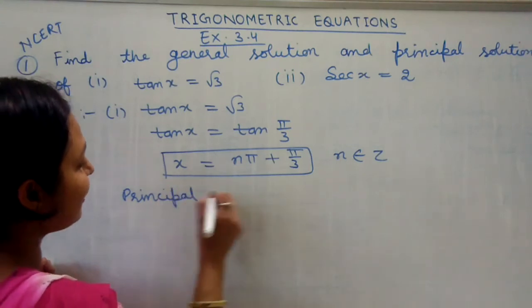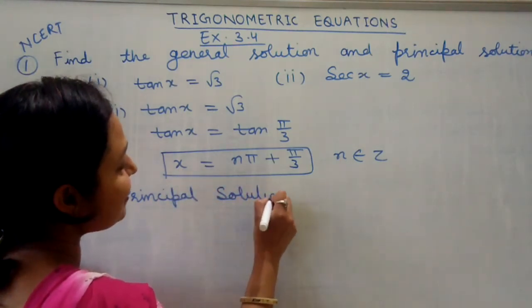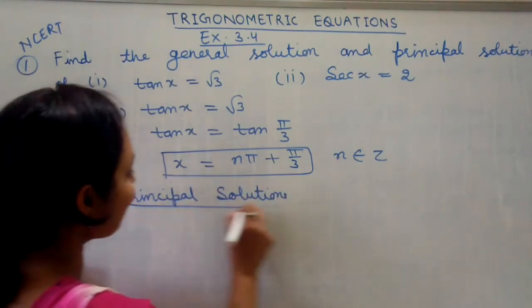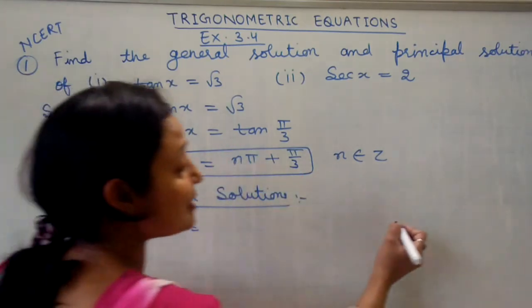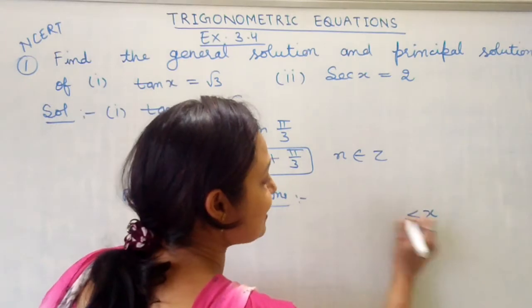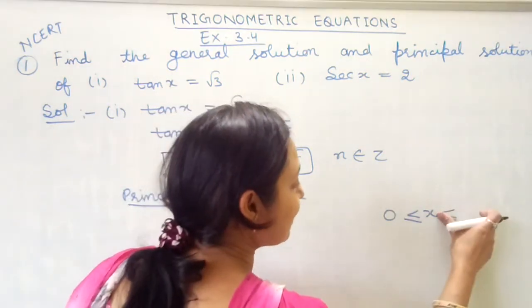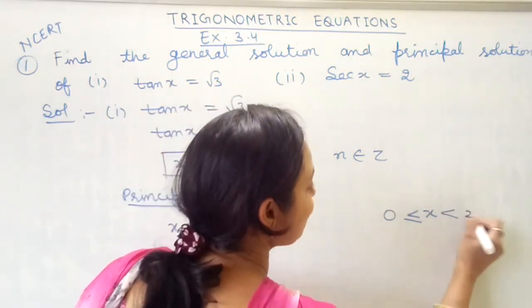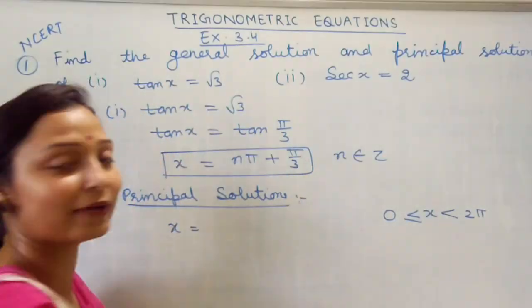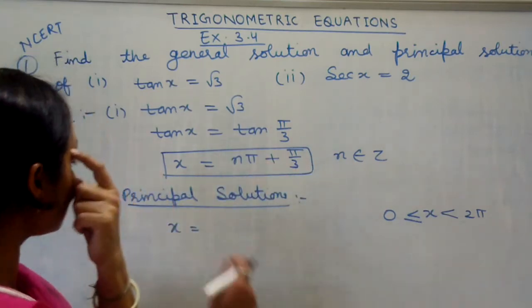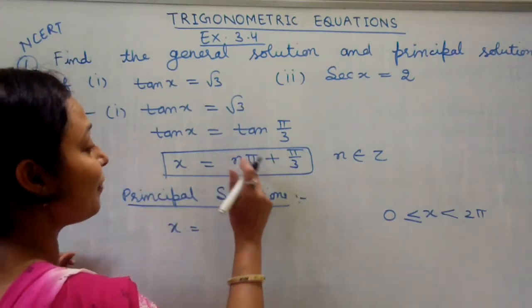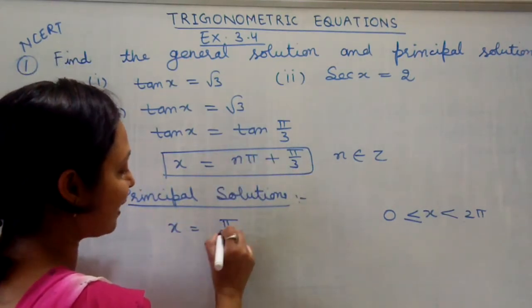For the principal solution, x lies between 0 and 2 pi, not including 2 pi. It should lie between these values. That is known as the principal value. So I will substitute values of n. When n is 0, x is pi by 3.